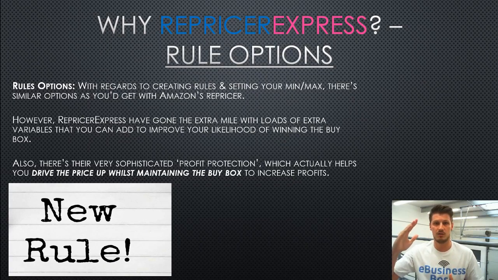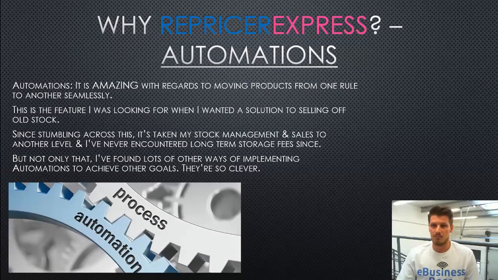You can increase the price, so by the time people start buying again in the morning, the price for the buy box is higher, and that means any sales you make early in the day, you're making more money. It's a really clever piece of kit, and we've seen some quite nice profits in early morning sales because of that. So that's something that's really good as well. Automations, yeah, I've touched on those.